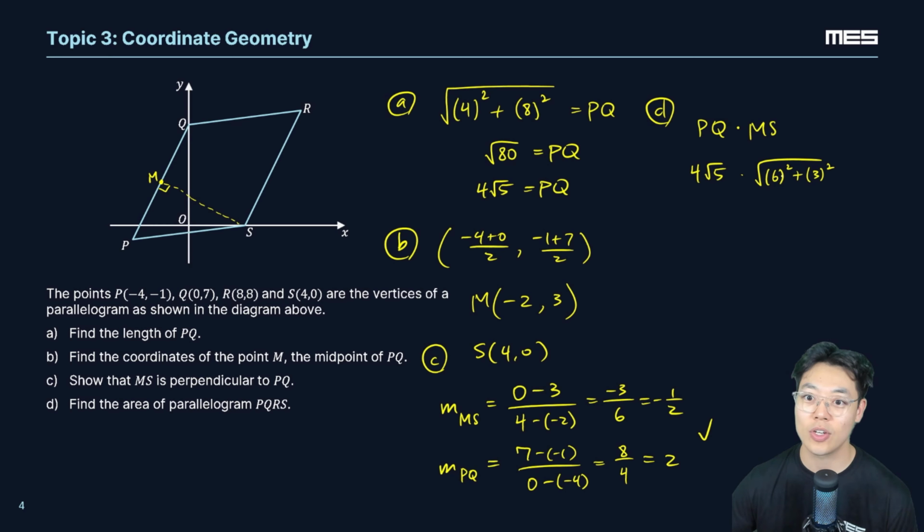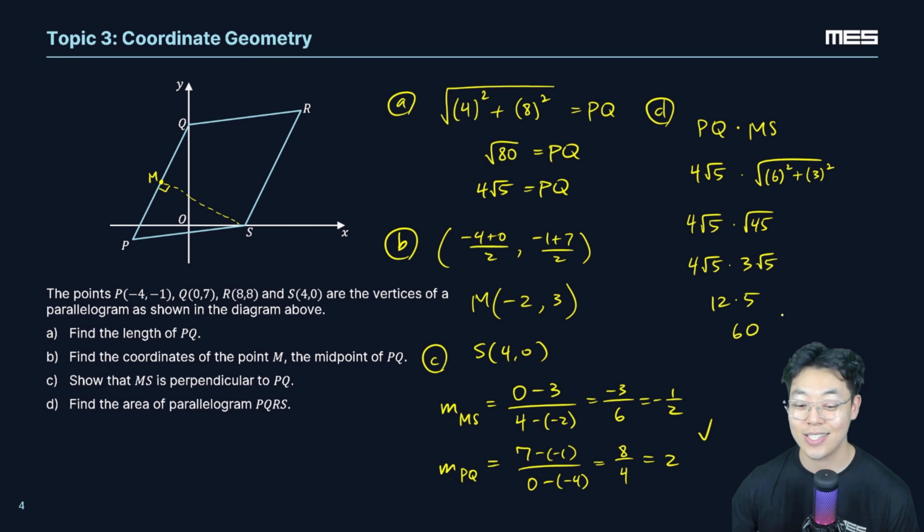So 9 plus 36 is 45. So times the square root of 45. The square root of 45 is the same as the square root of 9 times 5. So it's 4 radical 5 times 3 radical 5. And this will be 12 times 5, which is 60 units squared.